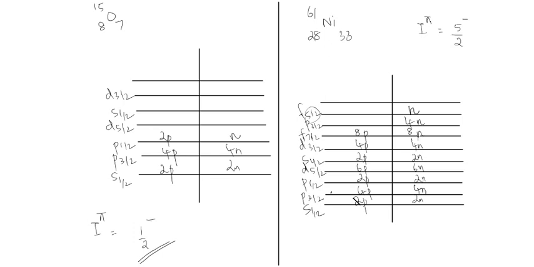But we are finding that the spin parity assignment for this nucleus is not 5 by 2 minus. We see that it is 3 by 2 minus. So here comes an exception to our shell model.